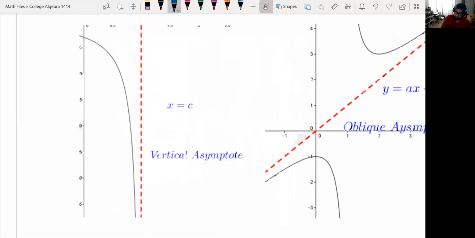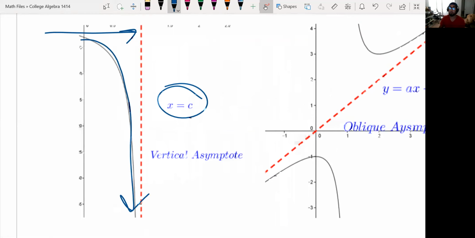As we get closer and closer to this number c, the graph starts to head towards negative infinity, meaning we will never ever touch that x value. So as the graph approaches this x value, it's either going to head towards negative infinity or positive infinity and never ever touch that x value. This is why vertical asymptotes can never be crossed. Well, there's also one more reason, which we'll get to in a second.